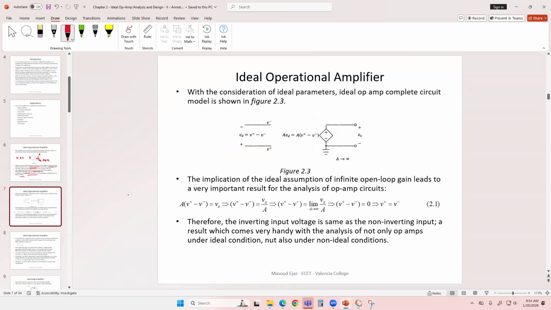Now, this gain provides another extremely important characteristic of operational amplifier, and that characteristic is right here. So A times VD is equal to V out.